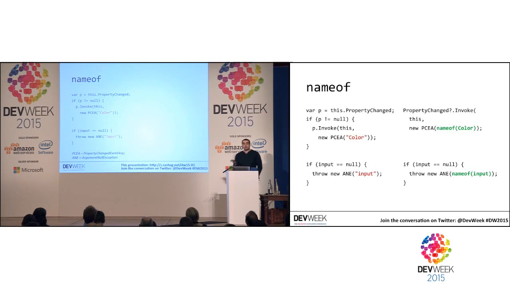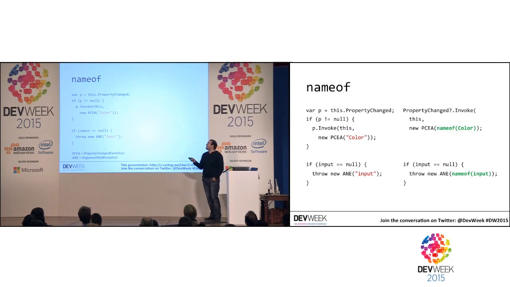You want to raise the property changed event for a particular property, so you take the property changed event, if it's not null, invoke the event with a new property changed event args, and you put the property name here in quotes. So it's a string. It's not refactorable. The editor doesn't recognize it. The compiler doesn't recognize it. And when you rename the property, obviously this doesn't change.